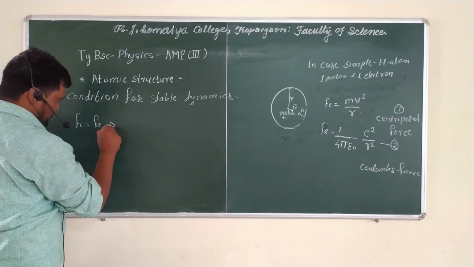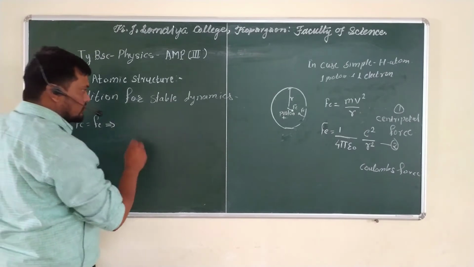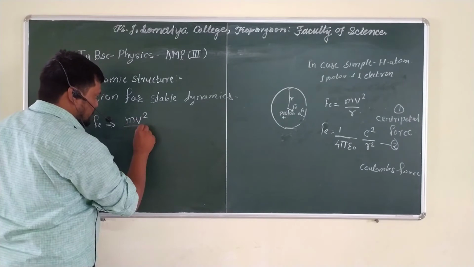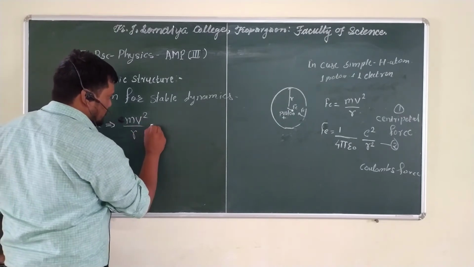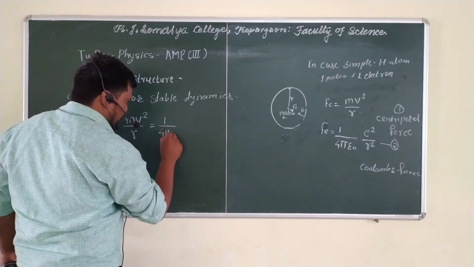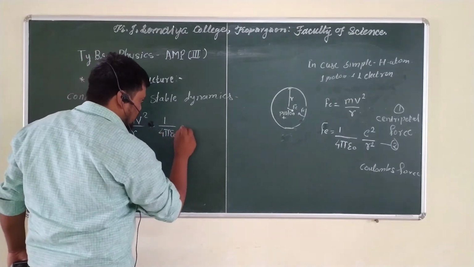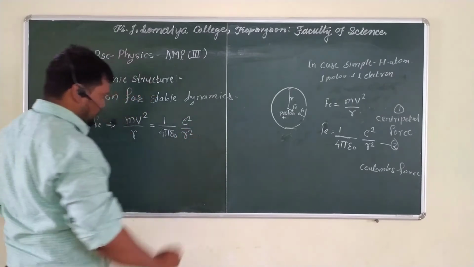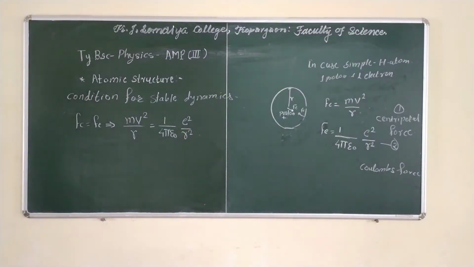So mv square divided by r is equal to e square divided by 4 pi epsilon naught r square. This is the stable dynamic condition.